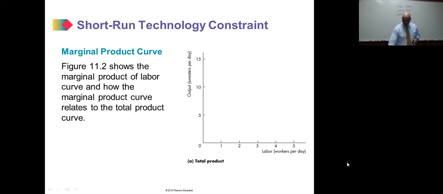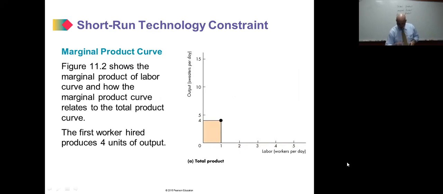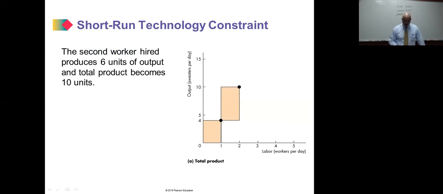The marginal product curve in figure 11.2 shows how marginal product of labor relates to total output. So when we have the first unit, how many sweaters are we producing? 4. The second worker hired produces 6 units of output.